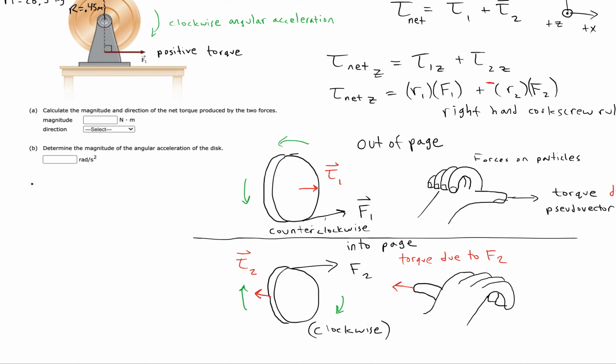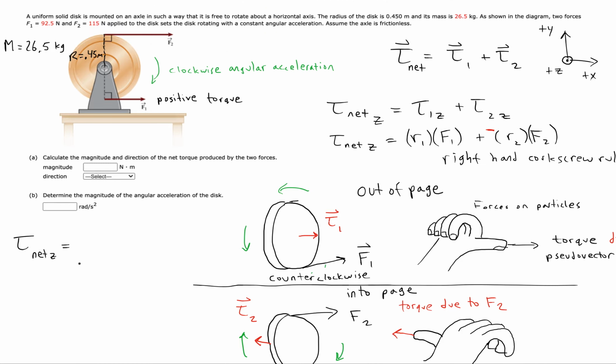I'm going to move this down to here. The net torque will then be, let's see, R is 0.45. The force F1 is going to be 92.5. Then we need 0.45 times 115.